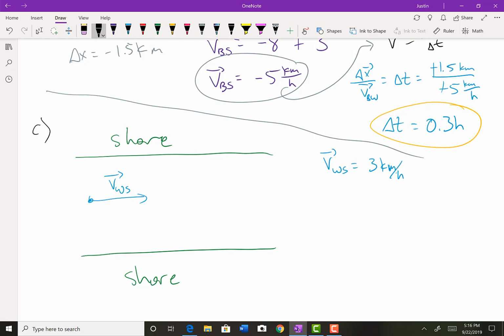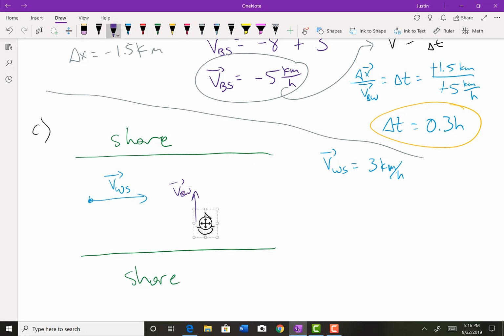But now the boat is going to be going this way. But you know, if I just go this way, if this is the velocity of the boat with respect to the water here, like this, the velocity of the boat with respect to the shore is going to be moved along with the water and just kind of make its way that way.